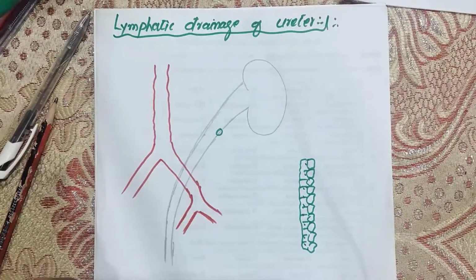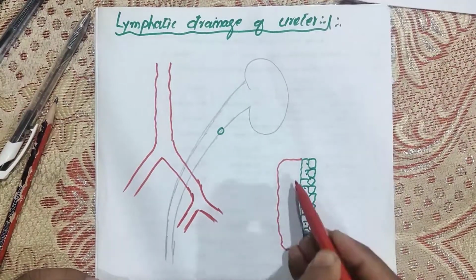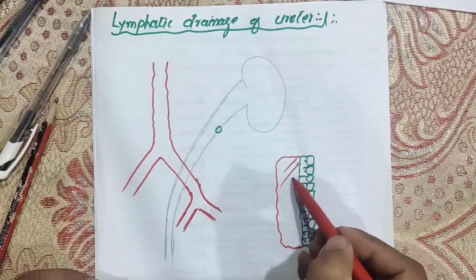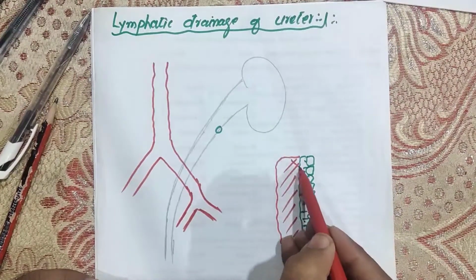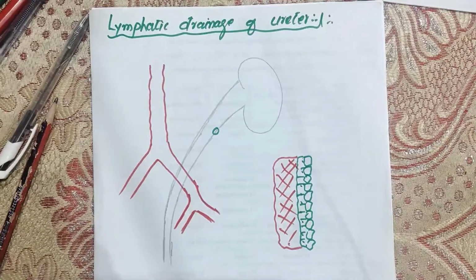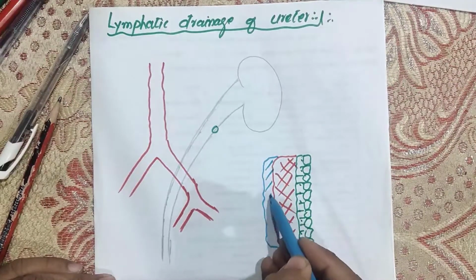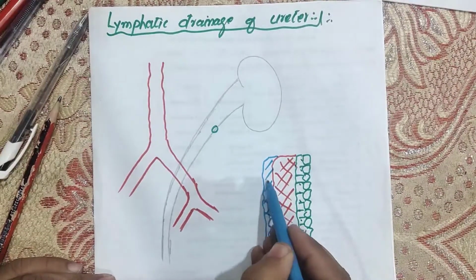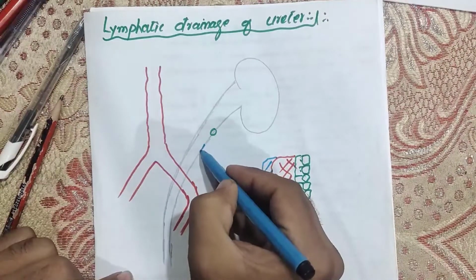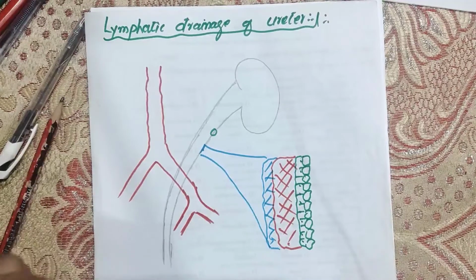Then there is the muscular layer, and I will discuss it later. And then there is the adventitia, the outer connective tissue layer. So what I have done is taken this wall and enlarged it here, right?